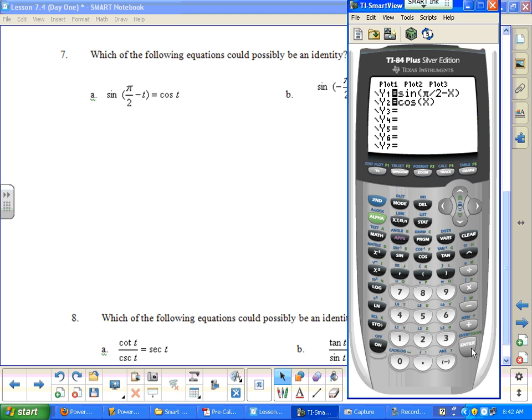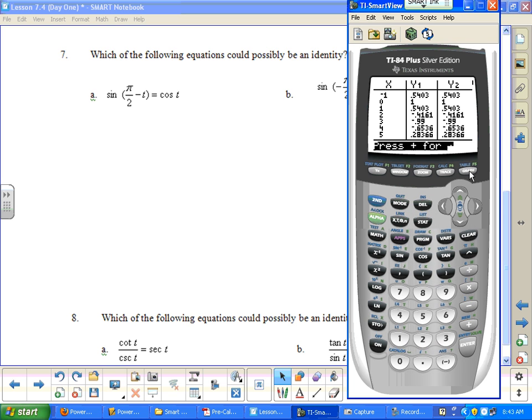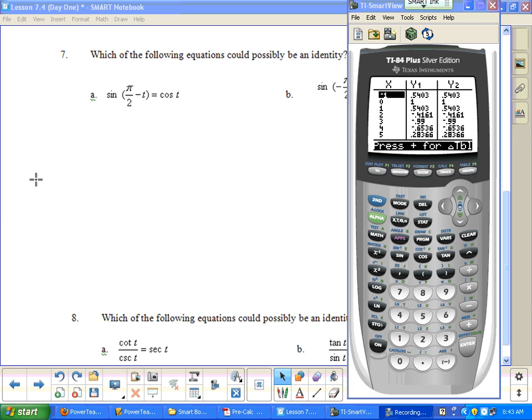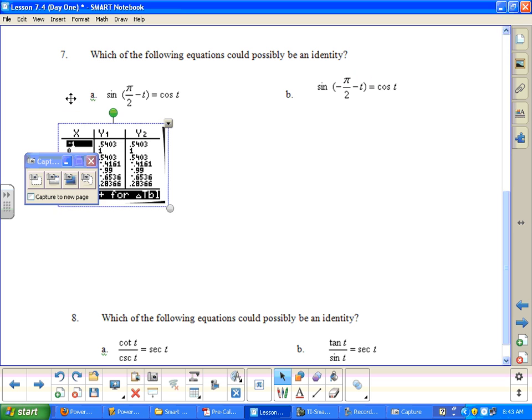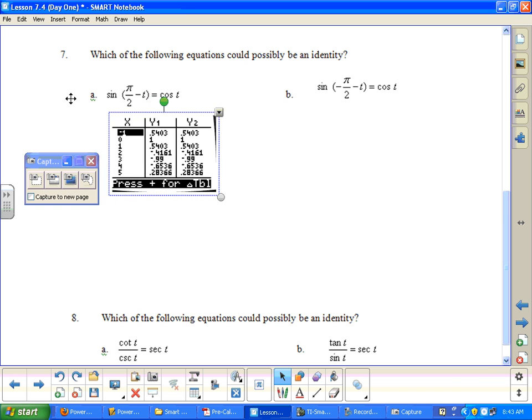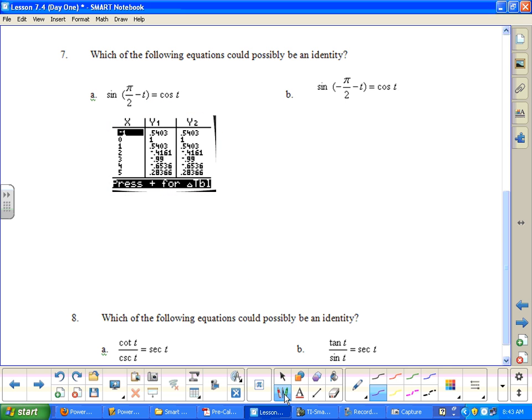And where's the best place to determine whether these are the same or not? The table. Okay, the graph is nice, but the table is better, because if I look at the numbers, if they're the same, then it's an identity. If they're not, then obviously it's not. And so the tables are the same.